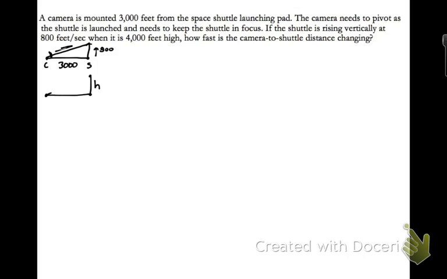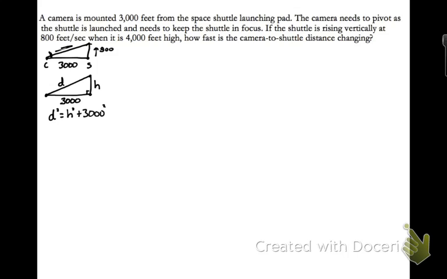I'm going to call this distance, the hypotenuse of our triangle, D, because that's the distance between the camera and the shuttle. And we know that this side is 3,000. Since this must be a right triangle, because the shuttle is rising vertically, we know that D squared must equal H squared plus 3,000 squared.